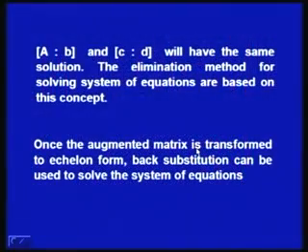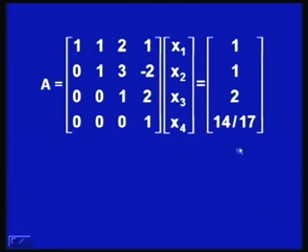So, what we do is we consider the augmented matrix and transform it into echelon form. Once it is transformed into echelon form, then we use back substitution and get the solution of the equations. Like in this case, we have been given a system of equations and this matrix is converted into this form, and from here we can apply back substitution like this in echelon form.